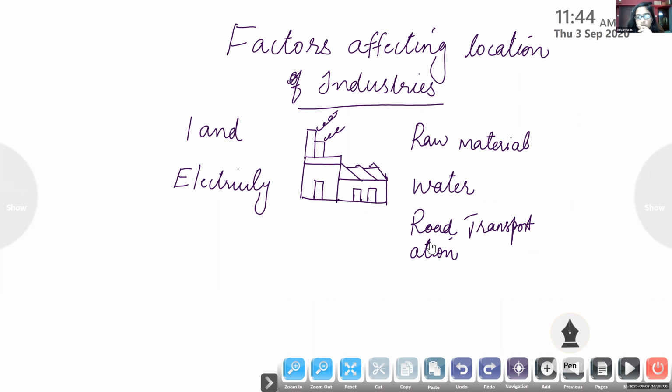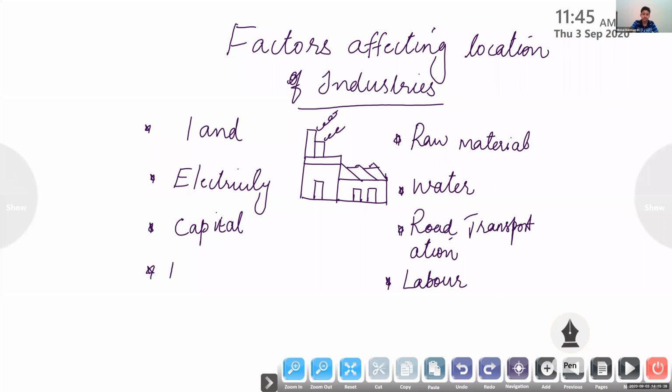Labor. You must know the availability of labor, right? Then capital. Amount of capital, or money. It's the first thing we require, right? Then market.